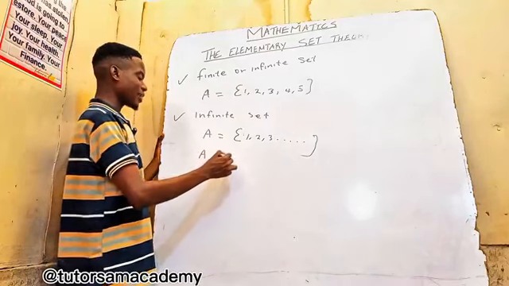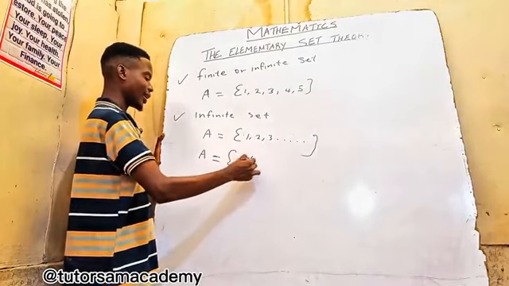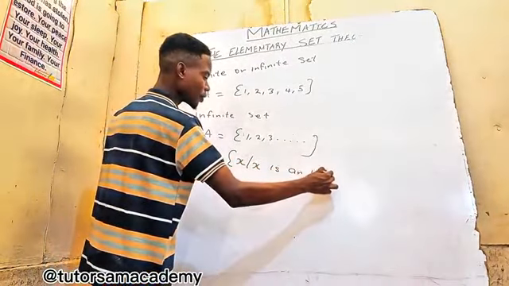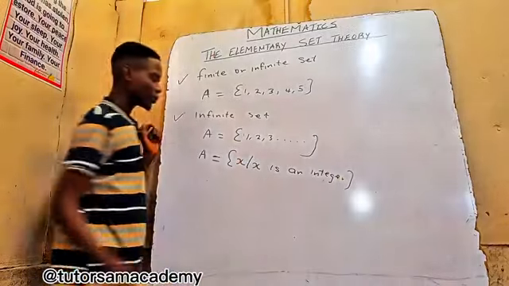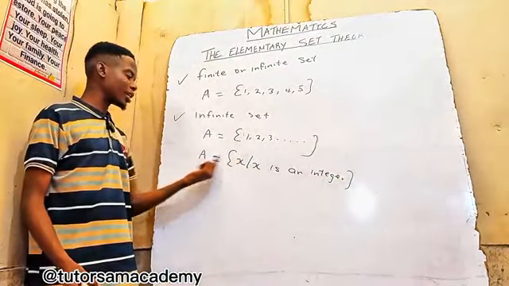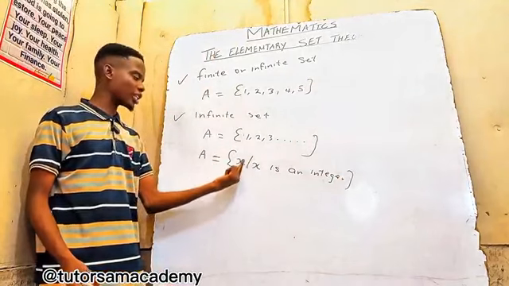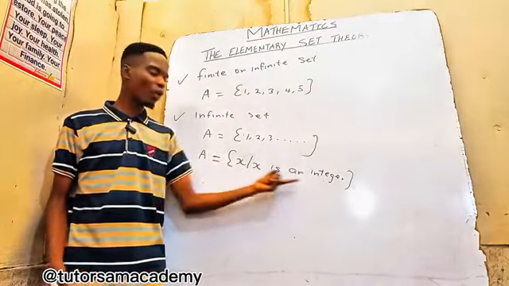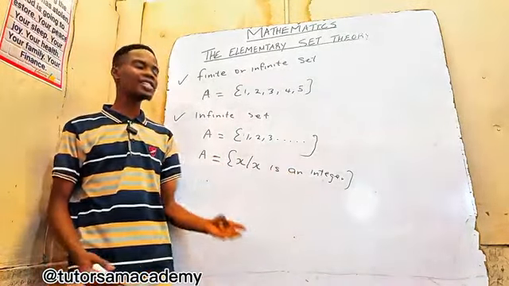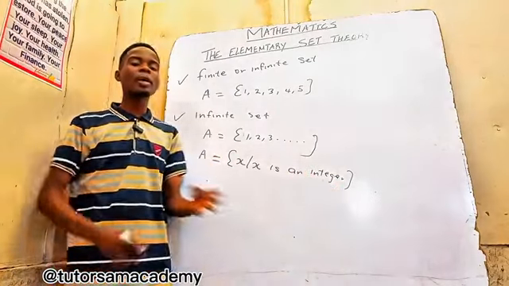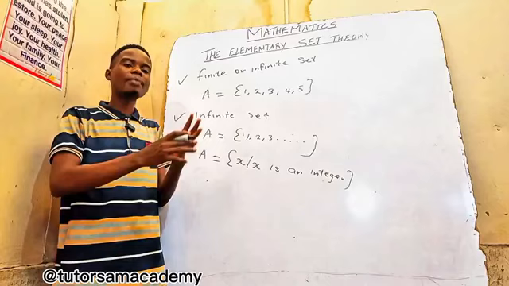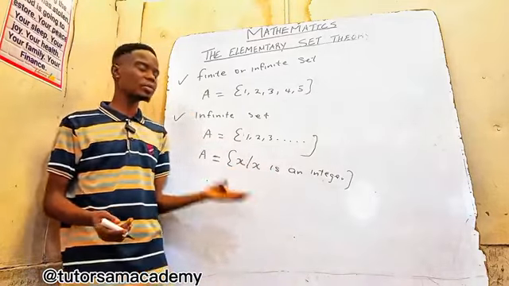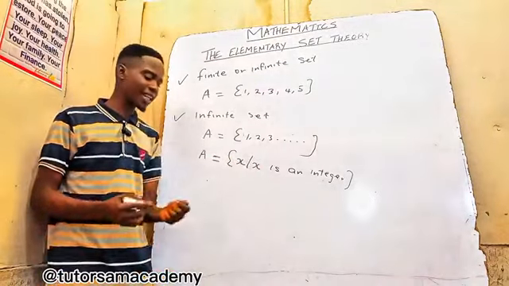I can say x belongs to A such that x is an integer. This line here means such that. This type of set is an infinite set because integers go to infinity. So this type of set is uncountable, and this is an example of an infinite set.